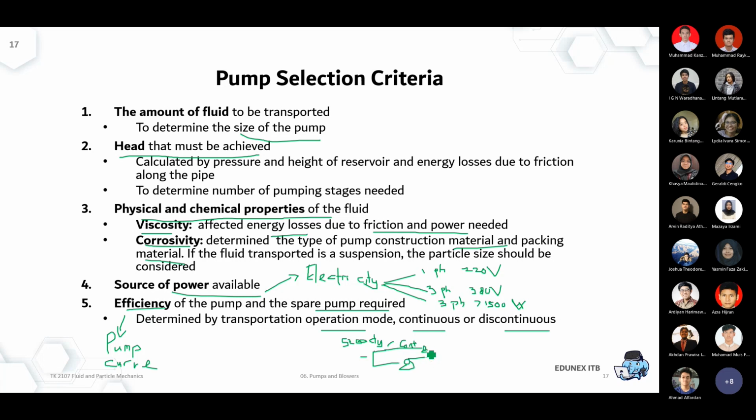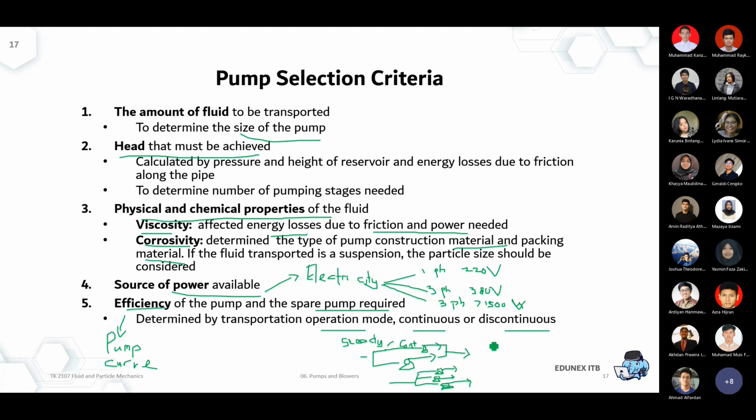Why? Because you want to have a spare as a backup during failure time, but the other part of the operation still works. Or it could even be divided by 3. It's a very detailed selection, to give you a heads up about the job done by the chemical engineers in designing a pump configuration.